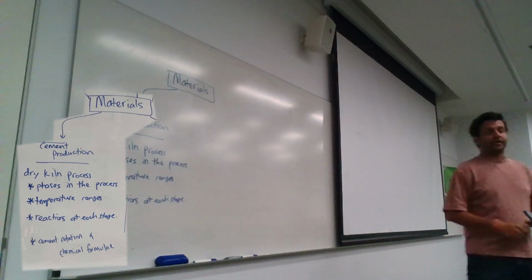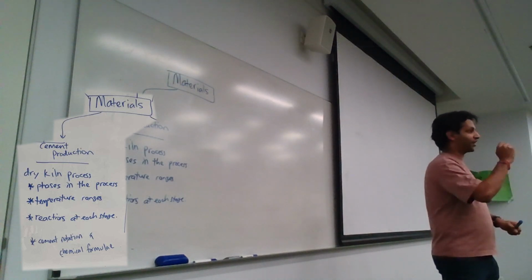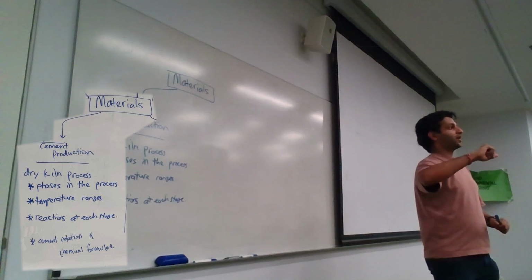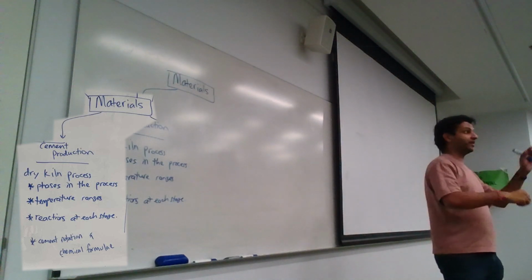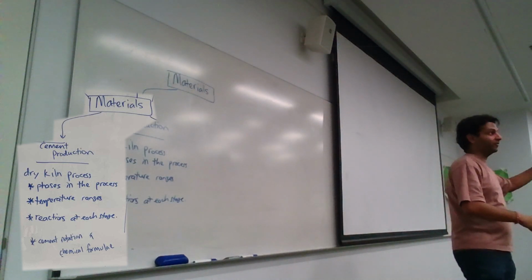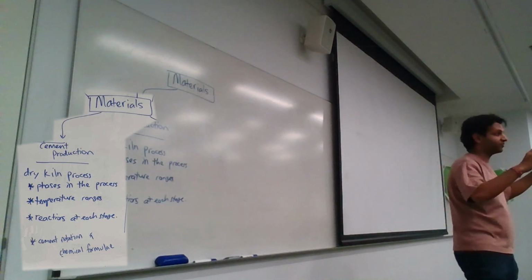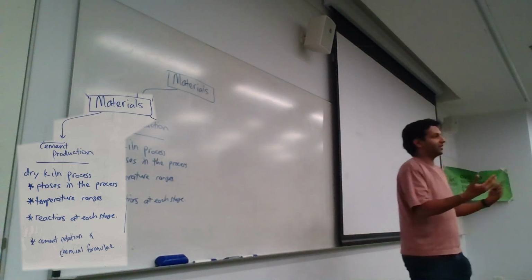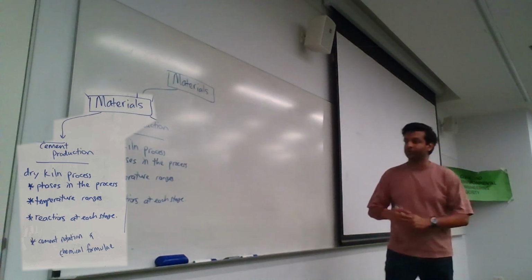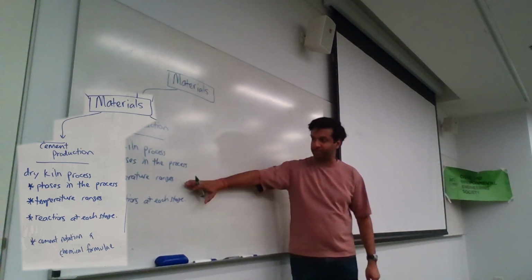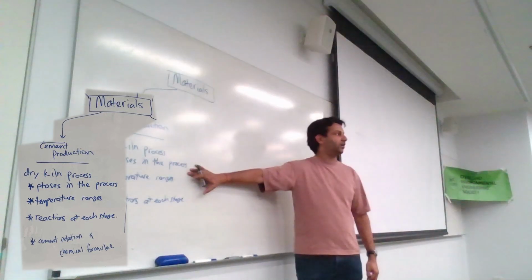So it's items like that to check off, like decarbonation starts to happen in the preheating phase. At which stage does alite form, at which stage does belite form, which one is more important for concrete strength, those kinds of things. That's the kind of questions that are asked. So what the reactions are at each stage is really important to wrap your head around, along with the temperature ranges and the phases within the process.